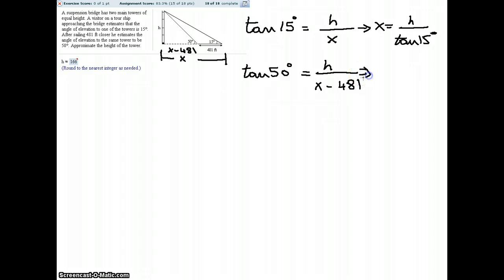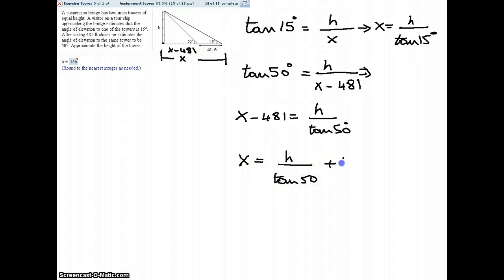And of course I can solve for x here. x minus 481 equals h over tangent 50, and of course x would be h over tangent 50 plus 481. Okay, that would be my second equation.